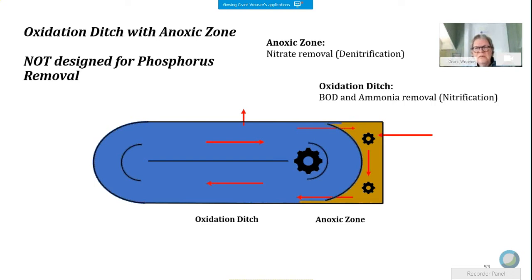So there's two ways. You create an oxygen-rich, oxygen-poor zone in the ditch, or you cycle it between the two.